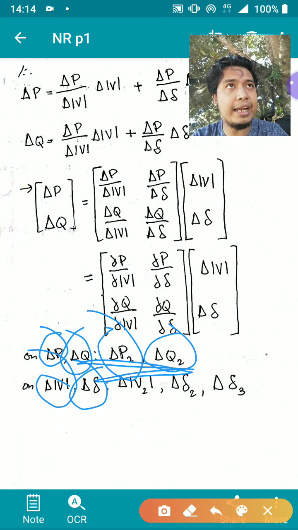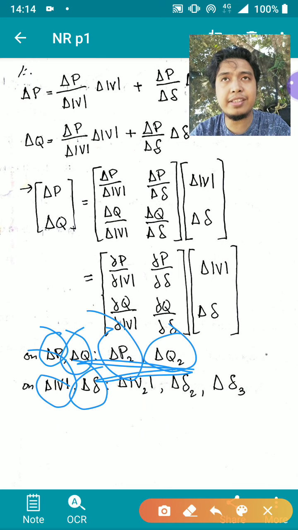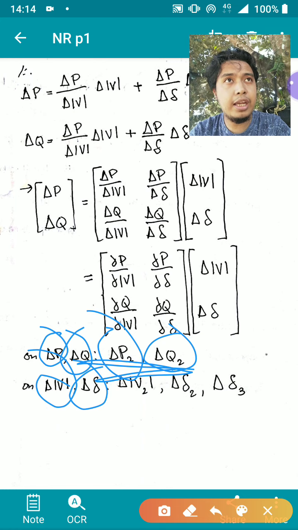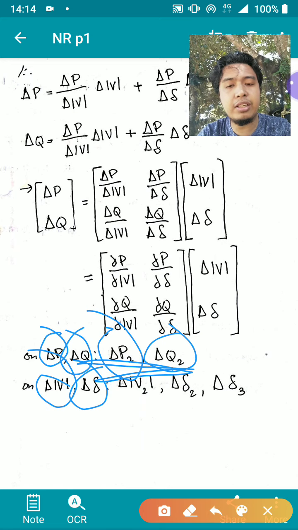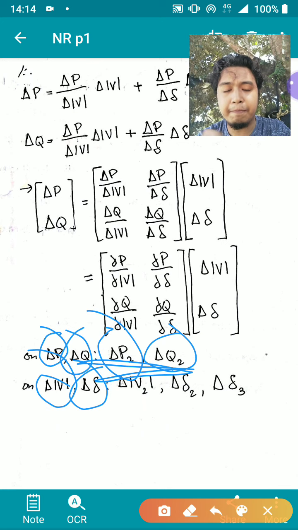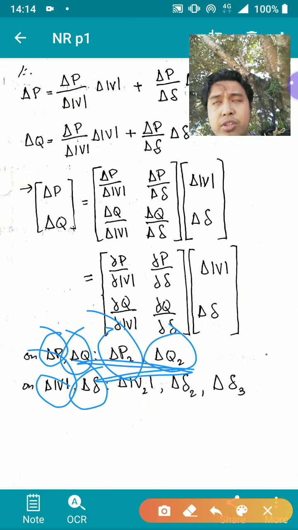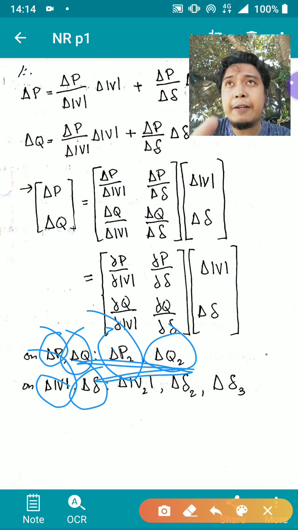However, we don't have a change in voltage magnitude on bus 3 because bus 3 is a PV bus, and for a PV bus we maintain a constant voltage magnitude, so you don't have a delta V3 on bus 3. So on delta V magnitude, you only have a delta V2.